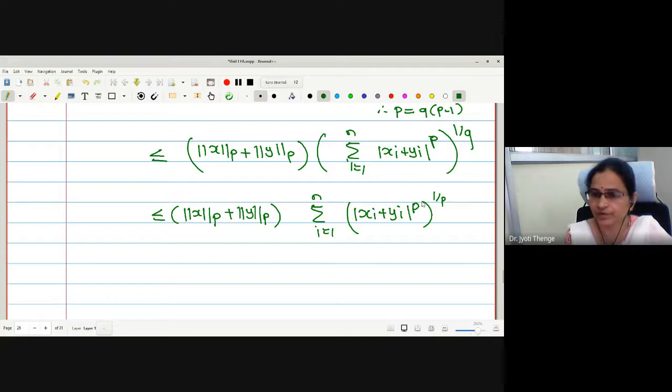Okay, everyone getting this adjustment? I am just adjusting this as raised to 1 by p raised to p by q, so that p and p will get cancelled.